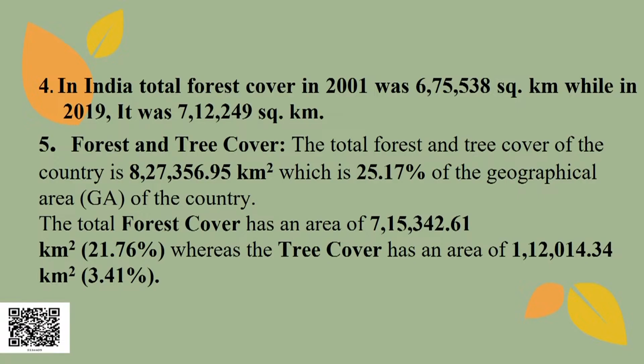In India, total forest cover in 2001 was 6,75,538 square kilometers, while in 2019 it was 7,12,249 square kilometers. Total forest and tree cover in the country is 8,27,356.95 square kilometers, which is 25.17% of the geographical area of the country.